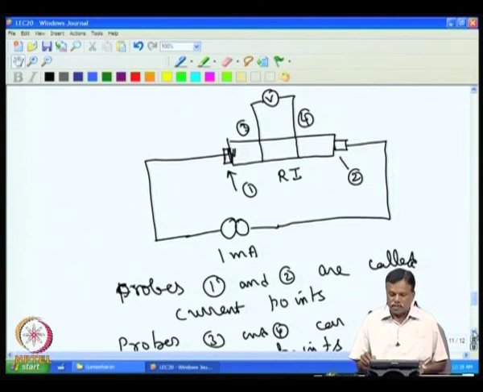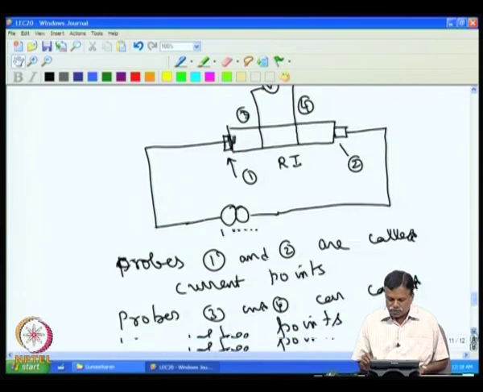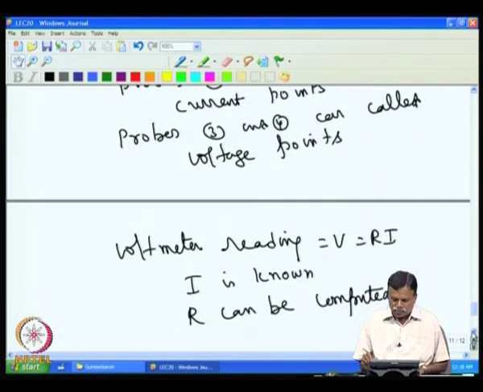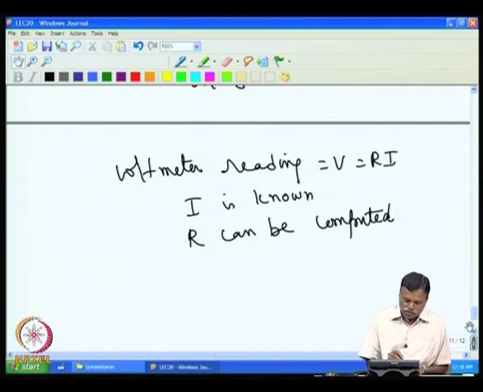So, the measurement is accurate; you will be able to make a good measurement even if the resistance is a few microohms or a few milliohms. The contact resistance at the voltage probes does not matter. So, the voltmeter reading gives R, which can be computed.